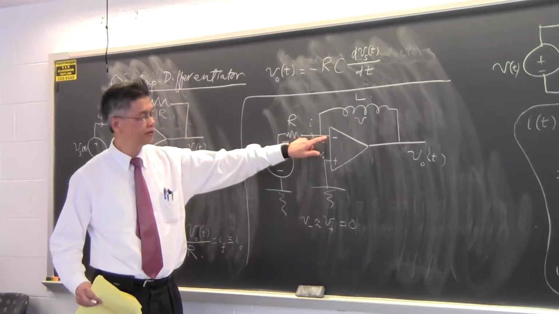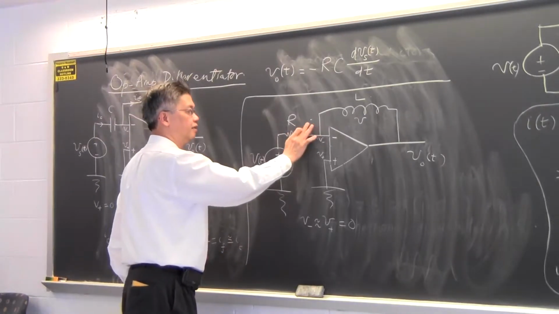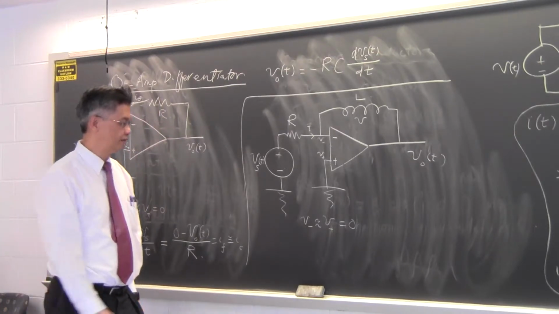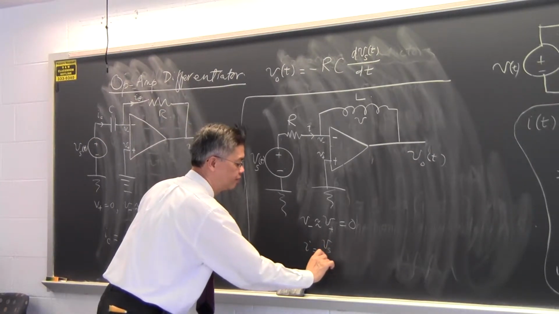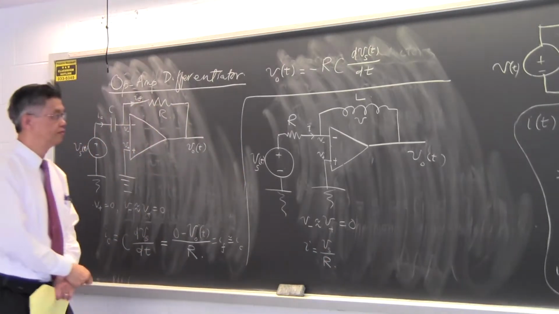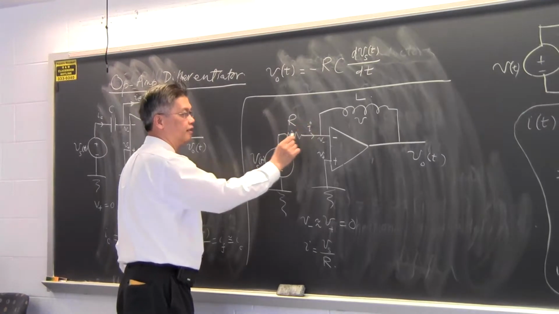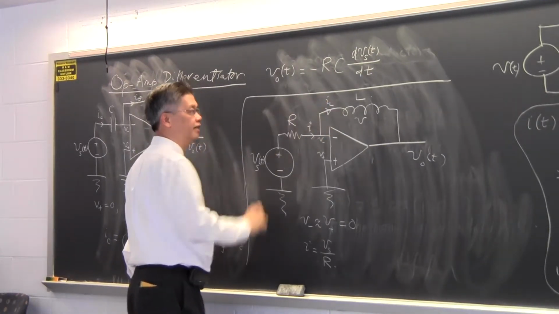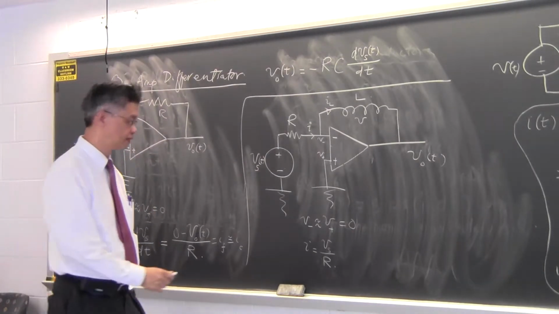So this point is almost grounded. So I can write down the current I that goes through that resistor R quite easily. I must be equal to Vs over R. And that I that flows here must also be very close to the I that goes through the inductor.